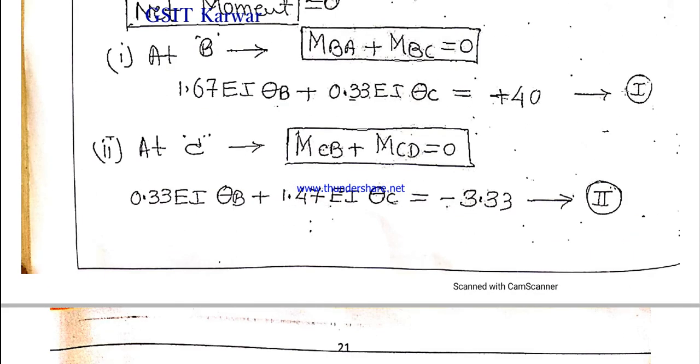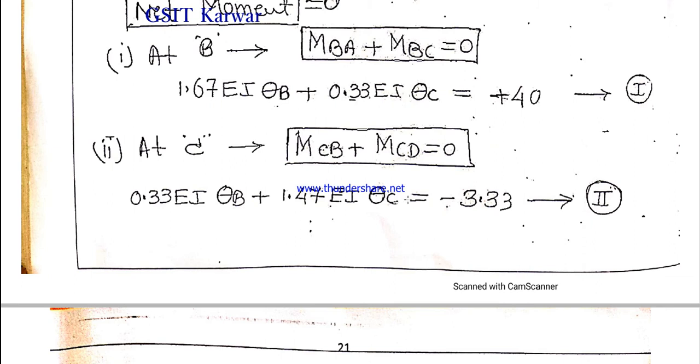Here you can observe equation number 1 and equation number 2. In equation number 1, theta B and theta C are the unknowns, and in equation number 2 also theta B and theta C are the unknowns. That means 2 equations, 2 unknowns.